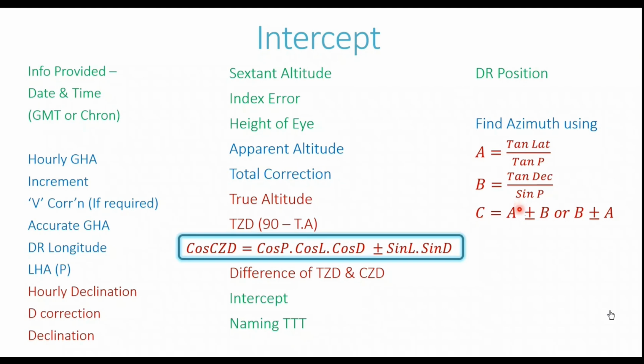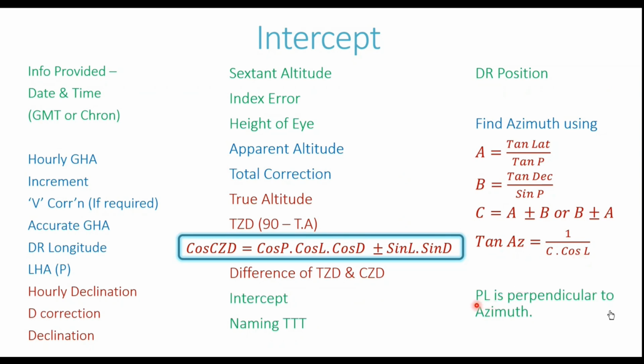Once these are obtained, combining them, A plus or minus B, or B plus or minus A, will give you the value of C, which is used in this formula: tan azimuth is equal to 1 by C into cos latitude, giving you the azimuth of the body.